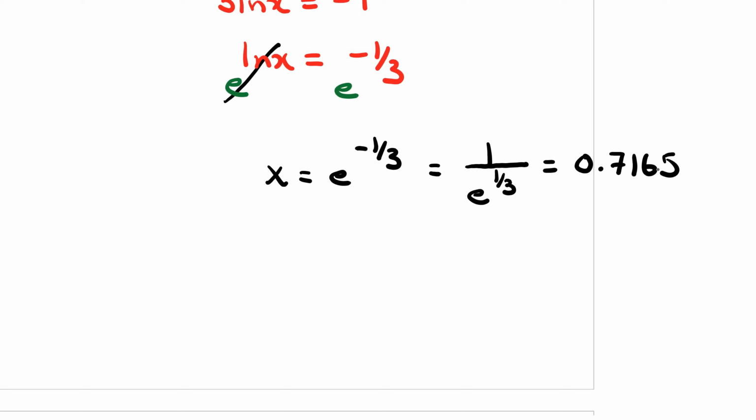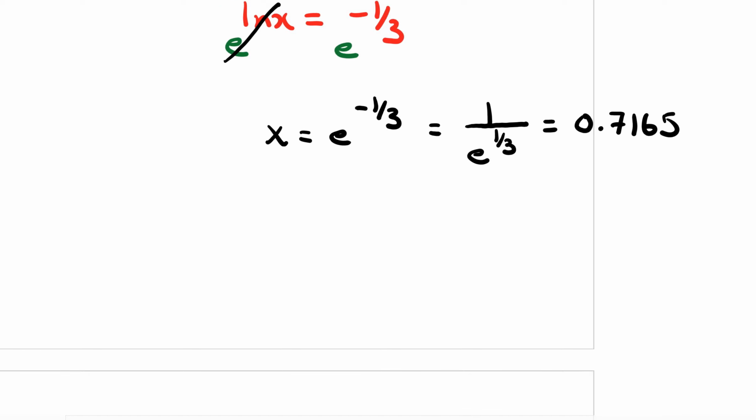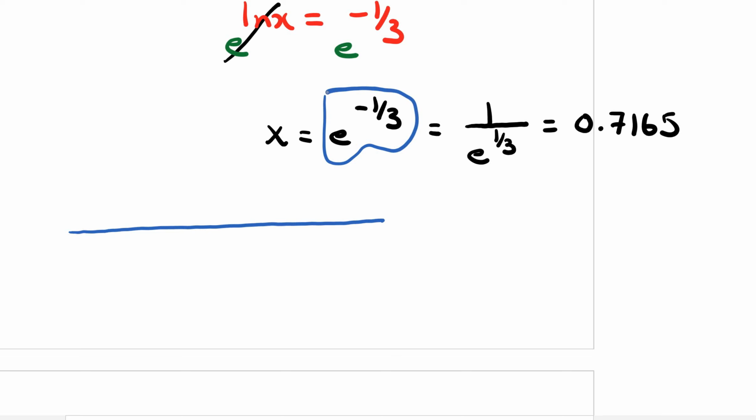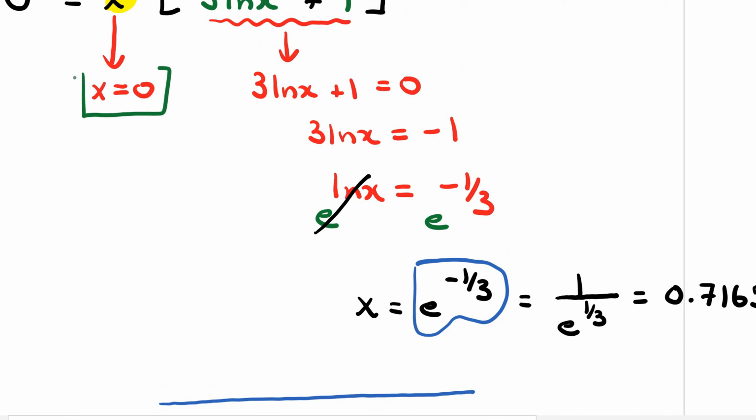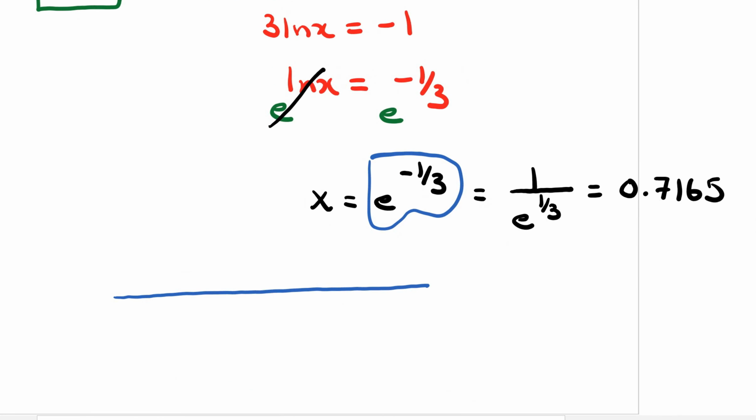After that, let's go ahead and draw our number line out here. Once again, we have our critical points, which is e to the power negative 1/3, and our other critical point was x equals 0. If I had to plot this, I have a 0 here, and I have e to the power negative 1/3 over here.